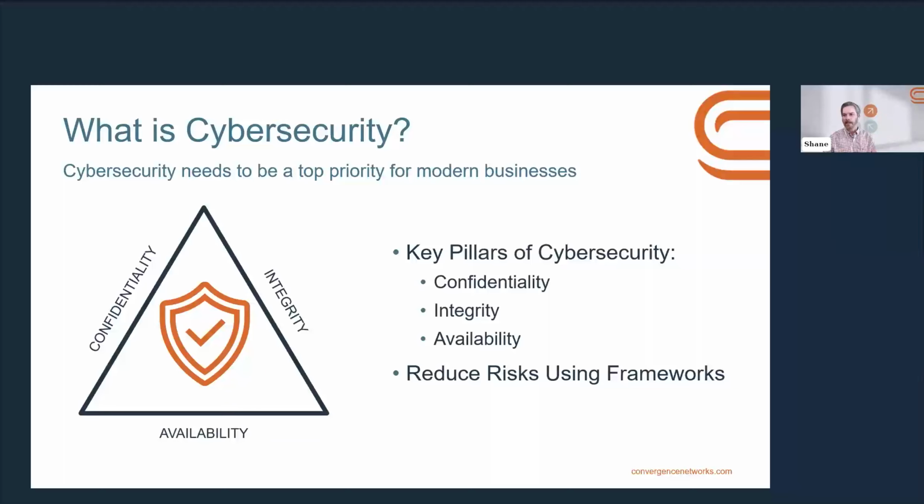Popular frameworks include those from NIST, CIS, ISO, or compliance frameworks, for example, like CMMC for defense contractors, and HIPAA for those in healthcare. These are just like building a house with a blueprint. A cybersecurity framework provides a structured plan to develop a comprehensive security program over time. With that said, let's take a look at some of the foundational cybersecurity controls that come out of those frameworks.